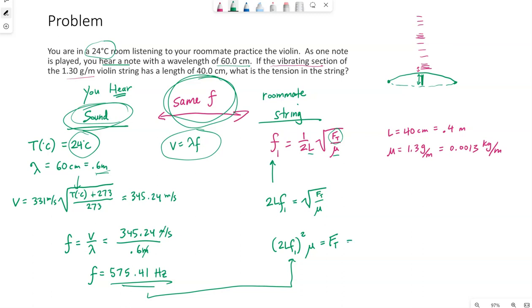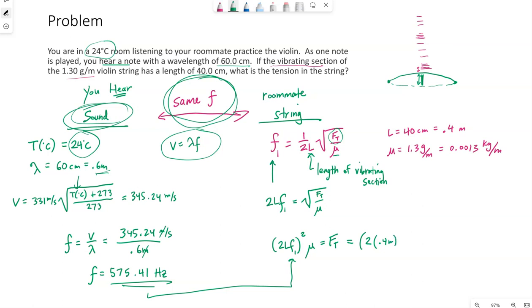So now I can plug in these values. The length of the vibrating section of the string, which we mentioned before, but I wanted to mention again, is 0.4 meters.